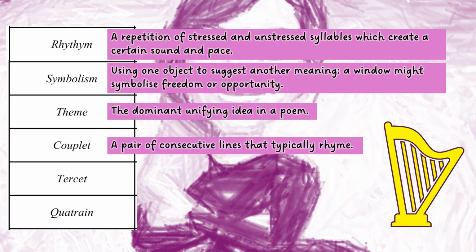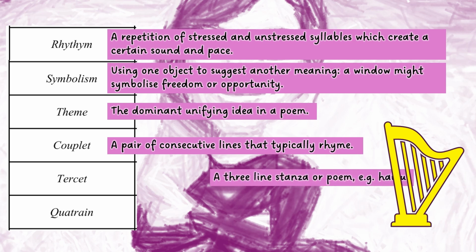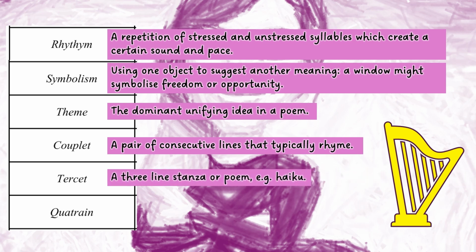This is a pair of consecutive lines that typically rhyme, so they will end in the same rhyme sound. A tercet is a 3-line stanza or poem, for example a haiku, and a quatrain is a 4-line stanza or poem. Stanza means a paragraph of a poem. That's how I remember it.